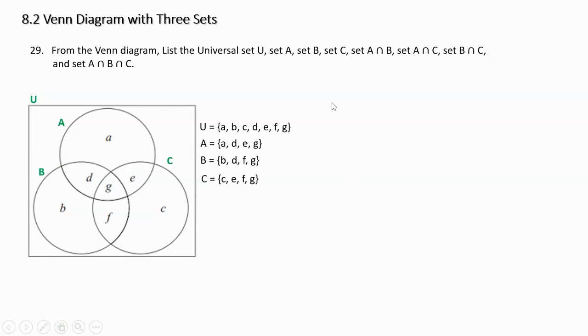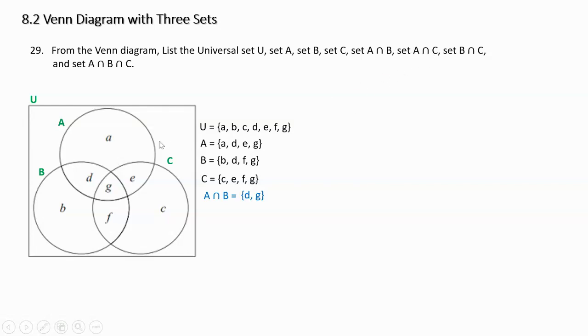Okay, now, what's next? What does A intersect B? A intersects B. Let's see, this is A, and this is B. This is going to be D, G. Okay.